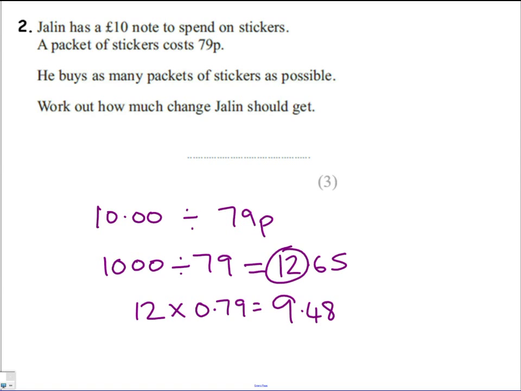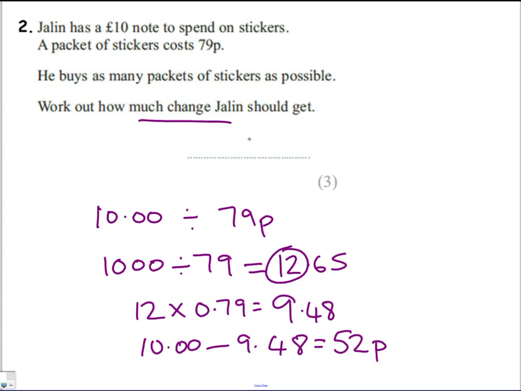So to work out how much change Jaylin should get, it's £10 minus our £9.48. Again, use your calculator if you want to, and you should get 52p. That's worth a mark, and your working out is the other 2 marks for a question that's worth 3 marks.